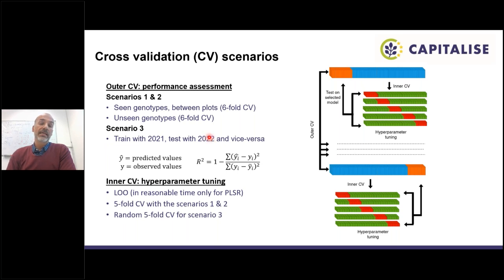To be able to assess the performance of a model, there are different ways in which we can go. We decided for this particular purpose to present the performance in terms of coefficient of determination, which basically tells us how much variance is explained by the model.